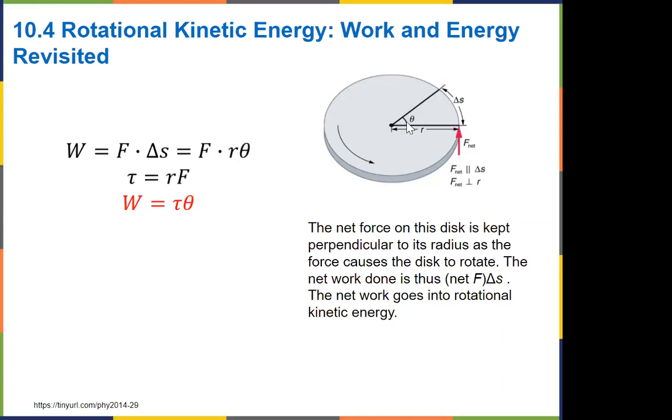You can make it delta theta to be more accurate, but that's just notation. So work equals tau times theta, torque times the angular displacement. We are assuming that at any moment, R and F are perpendicular to each other.